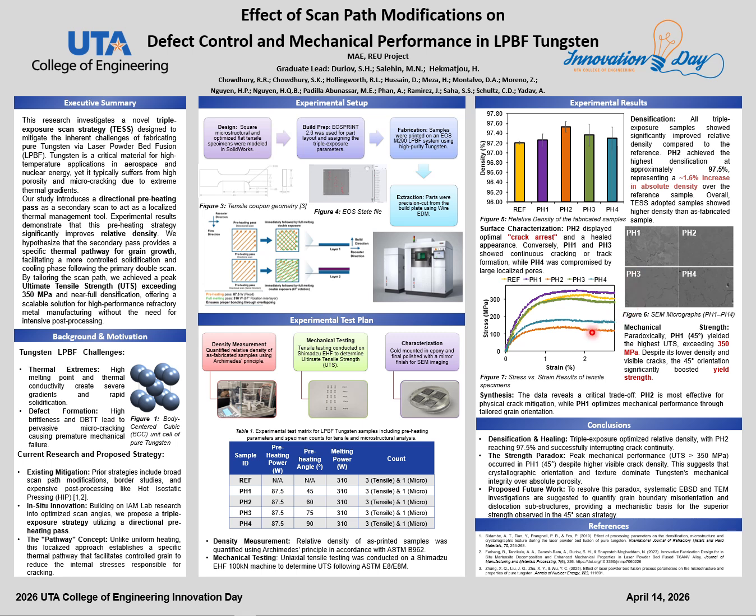So finally, we found that PH2 is the most effective for physical crack mitigation, we can say, and PH1 optimizes the mechanical performance through tailored grain orientation. This is our expectation. What we suggest is that our method can work as application specific.